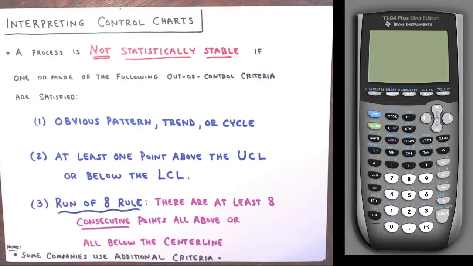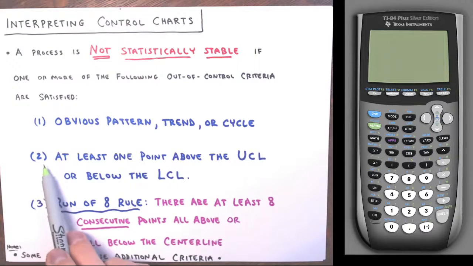So there's probably something in the system, something in the process that is awry, causing it to form some obvious pattern. Then we would have to go back in and say, hey, that's not stable. Go back in and figure out where we can fix the process.